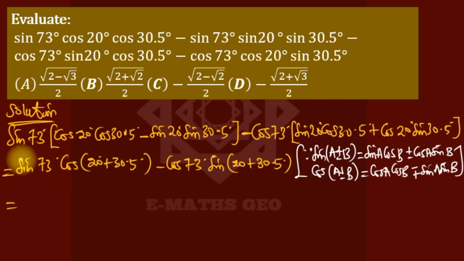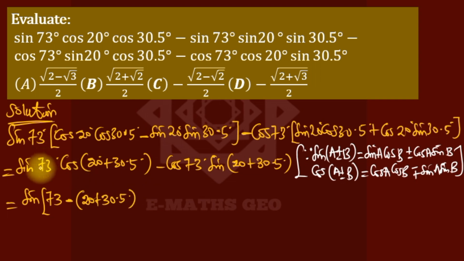So here we still have sine cos sine: sine of this angle, cosine of that, minus cos sine. Since I have minus, I have sine of the first angle 73 minus the second angle 20 plus 30.5.